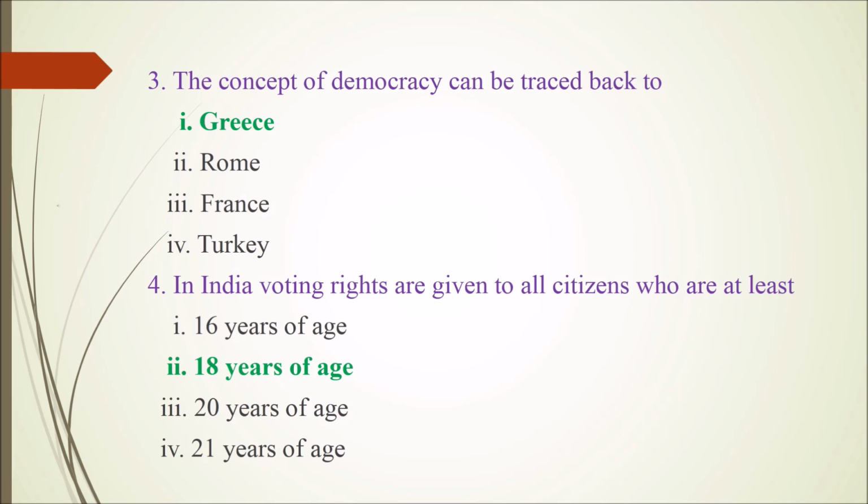Question number 4. In India, voting rights are given to all citizens who are at least option 1 16 years of age, option 2 18 years of age, option 3 20 years of age, option 4 21 years of age. So the correct answer is option 2 18 years of age.